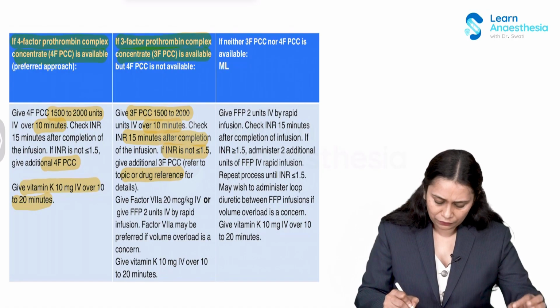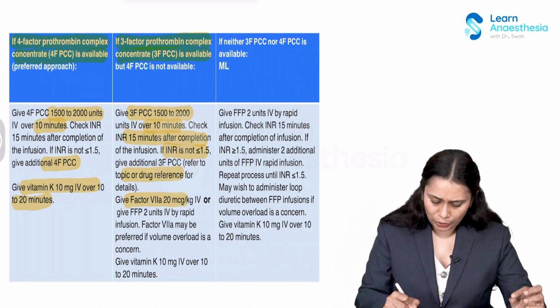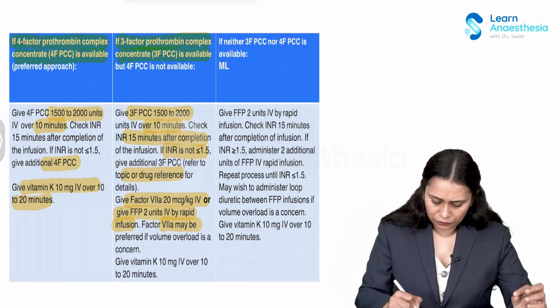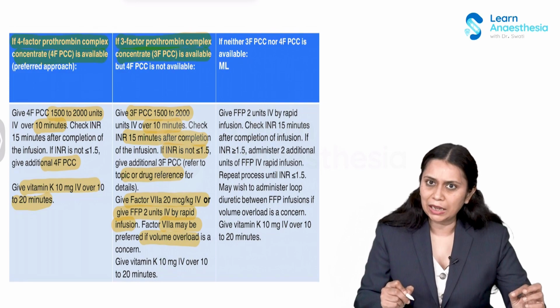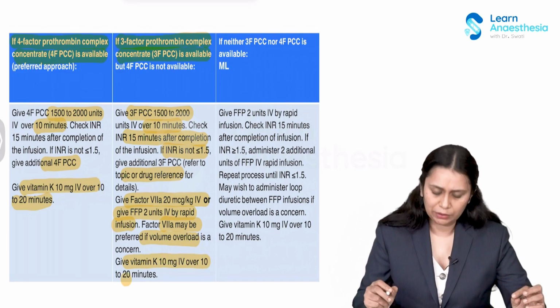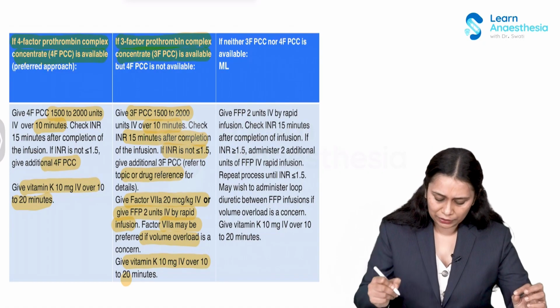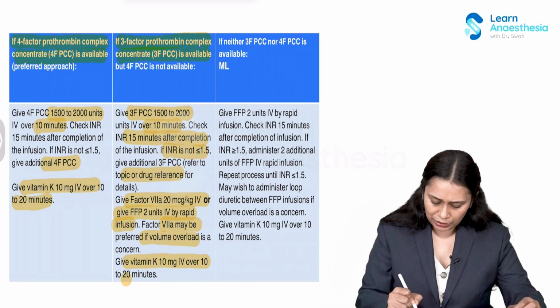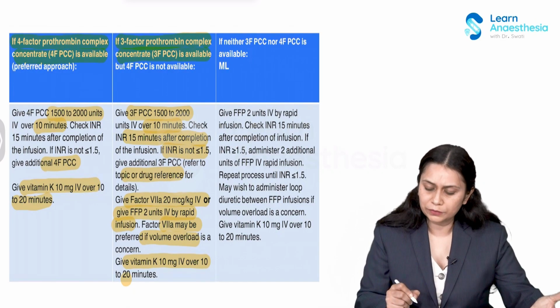And we give factor 7A 20 microgram per kg IV or give FFP 2 units IV by rapid infusion, right? Factor 7A may be preferred if volume overload is a concern, and we give vitamin K 10 milligram IV over 10 to 20 minutes. Okay, so with 3-factor, we give additionally factor 7A concentrate, and we can give FFP also, right?